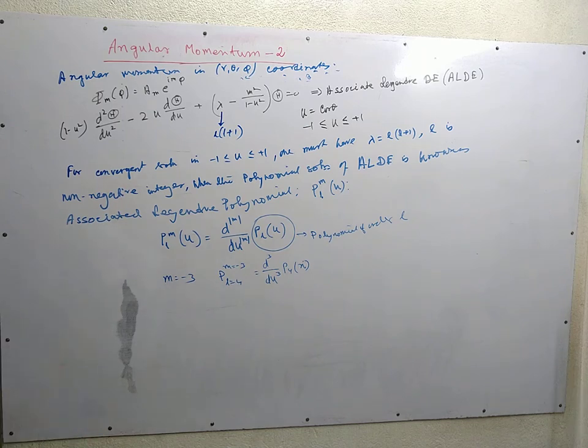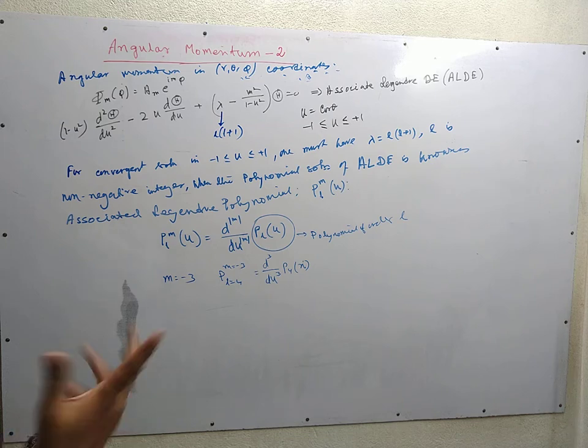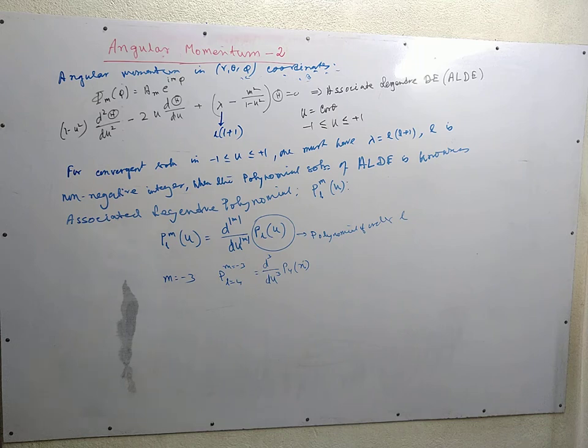Then we will end up with a constant. If we differentiate it more than L times, you will get 0. The solution will give you a trivial solution.